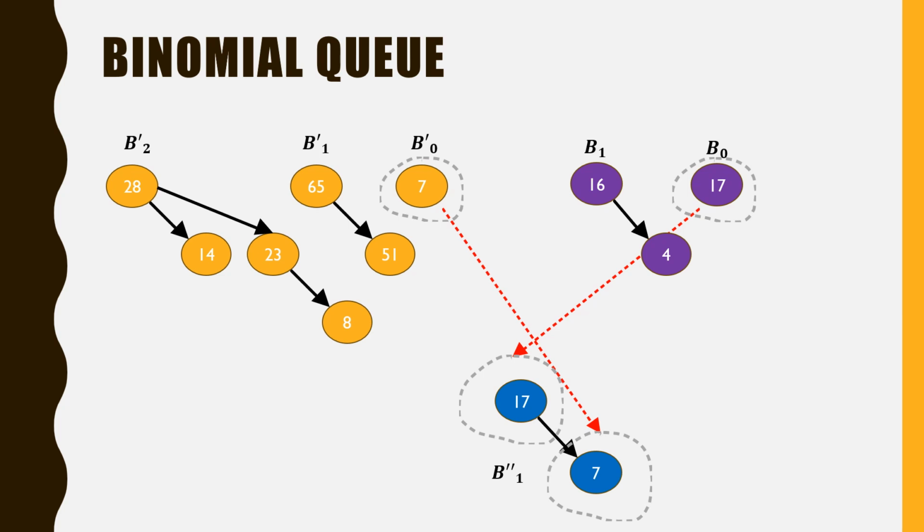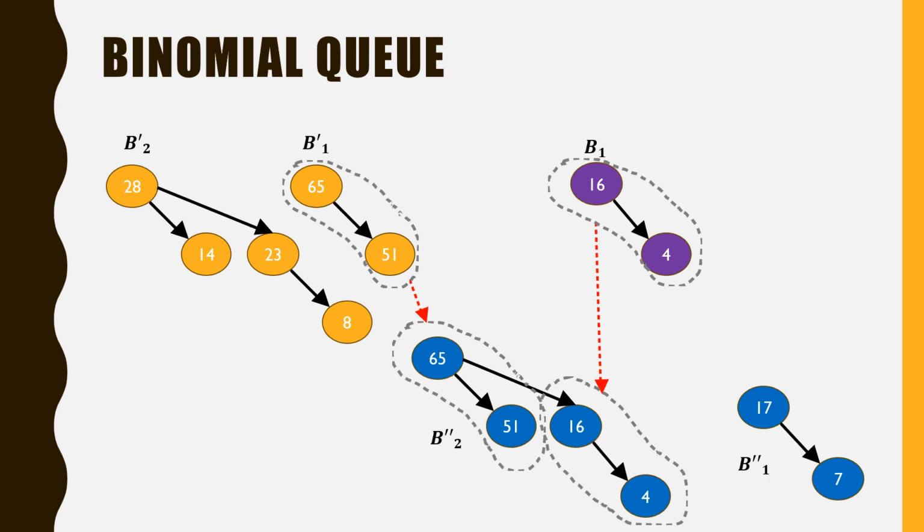For example, since the root of B'0 has a smaller value, it is attached as a subtree to the root of B0. As a result, the merged binomial tree B'1 maintains the heap order property.